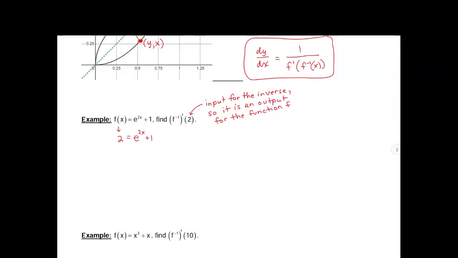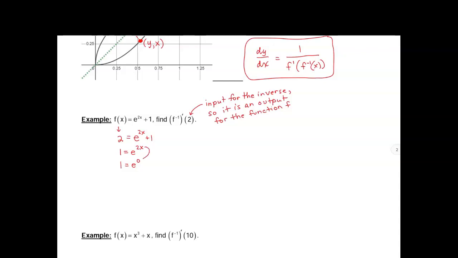I'll just continue with this equation and try to solve for x. So first subtract 1 from both sides. We have e to the 2x equals 1. Well, hopefully you noticed that's an exponential on the right side, and the only way an exponential equals 1 is if the exponent were 0. So that's like 1 equals e to the 0. That's how you would get 1.